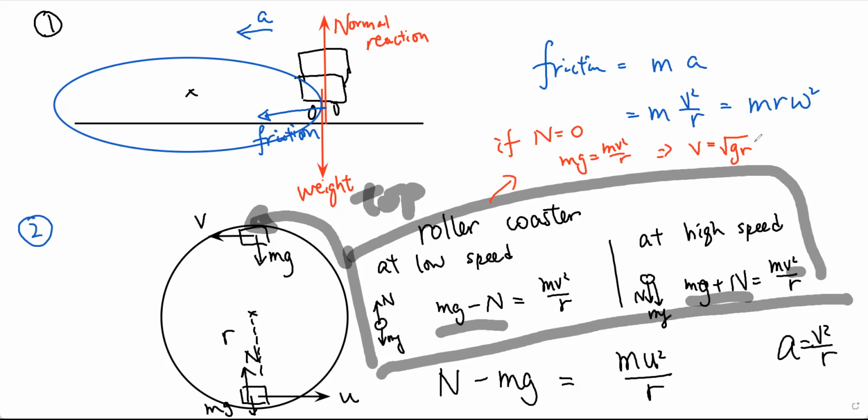But let's say at a high speed, never mind, it's about the same. So if it's low speed, that means the speed is less than root gr. For high speed, it means the speed is larger than root gr.